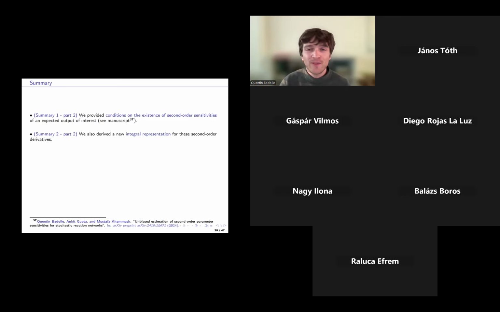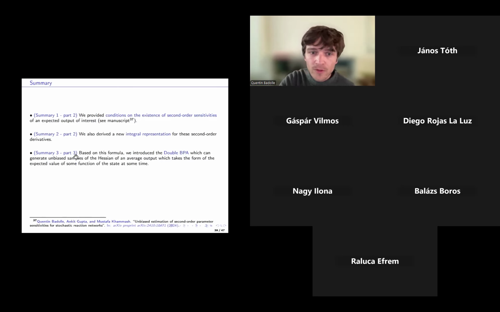Related again to the second part with the integral formula is that we've actually provided a new integral representation for the second order derivatives. Related to the part 3 on the construction of the estimator, we've introduced the double BPA as an algorithm to generate unbiased samples of the Hessian of an average output, which takes the form of expected output of some function of the state at some time.